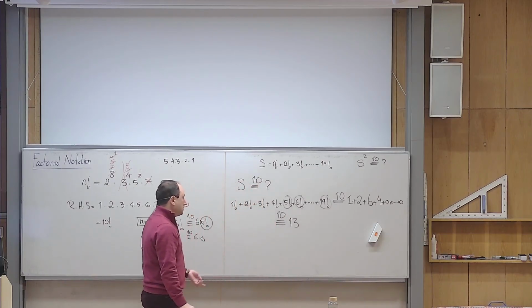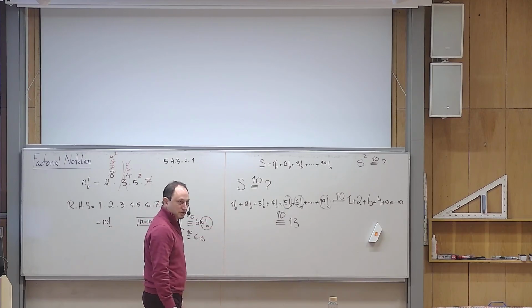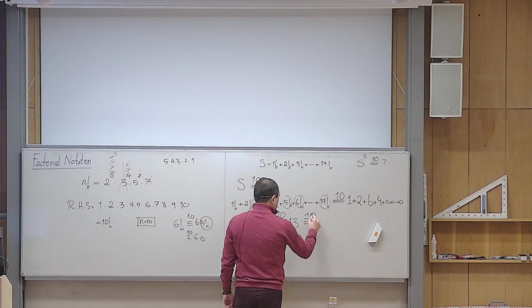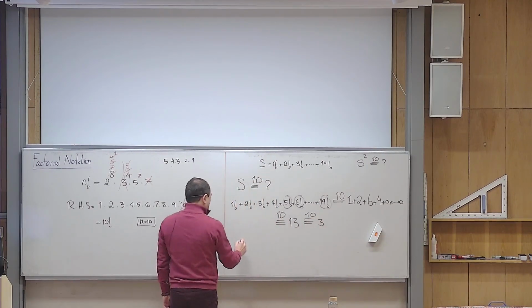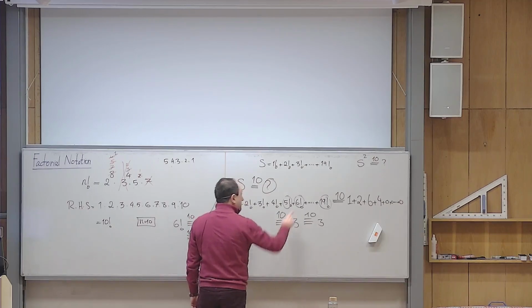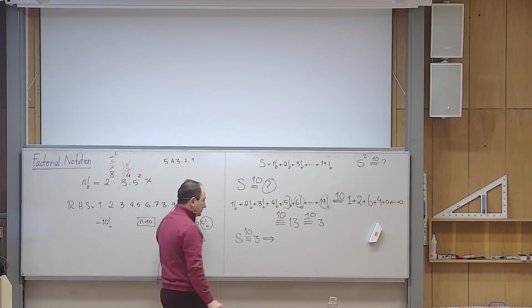But 13, even though it is correct, cannot play the role of the units digit. So what is this units digit? 3. So we answered this question mark. We learned that S is congruent to 3 modulo 10, and then I want to answer my question mark. So this motivates me to raise both to the power 2.